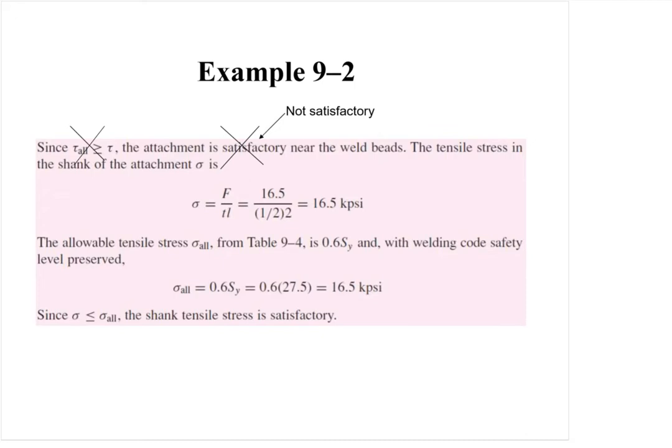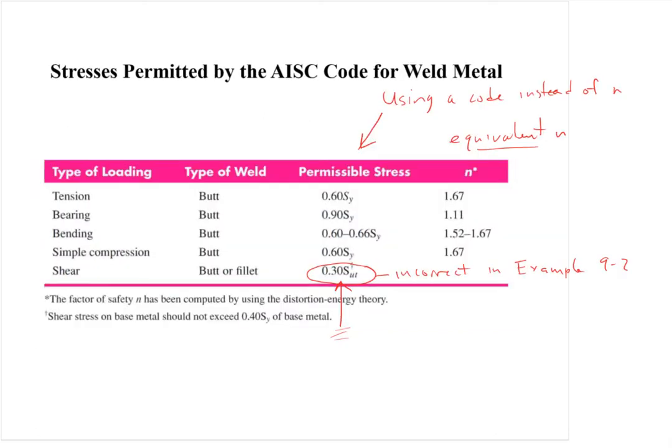And we can also calculate the tensile strength or tensile stress and the allowable from 9.4. Let's just double check them, make sure that they at least got this one correct. 9.4, let's see here, butt fillet.